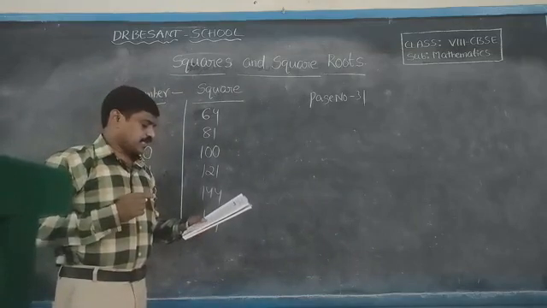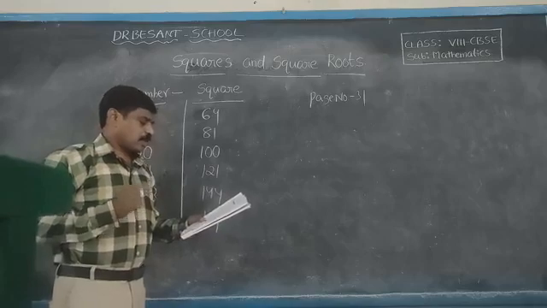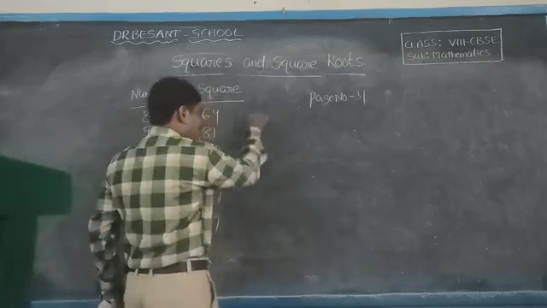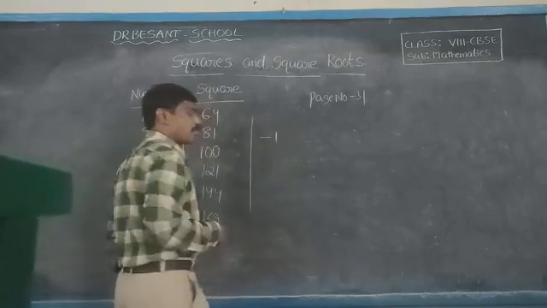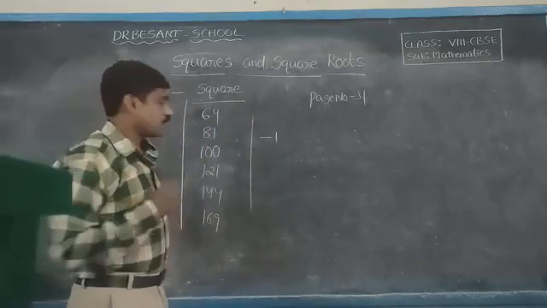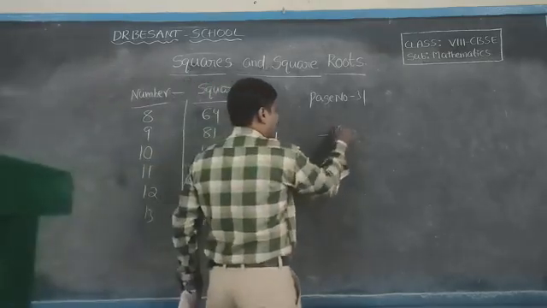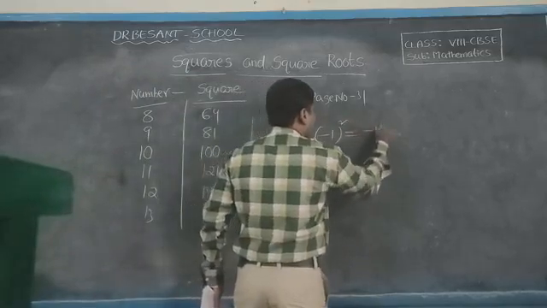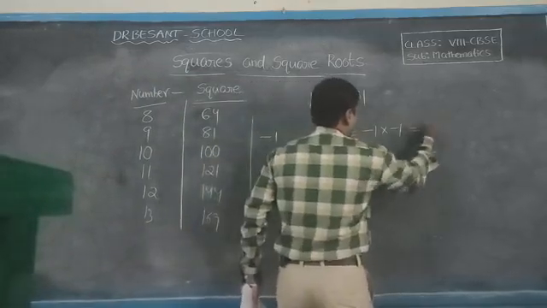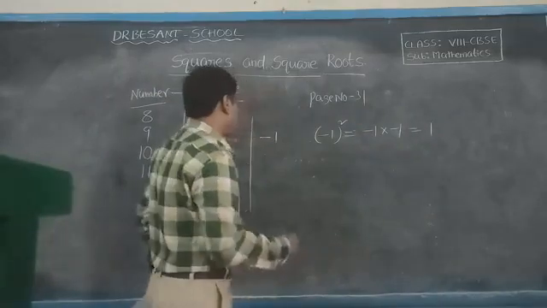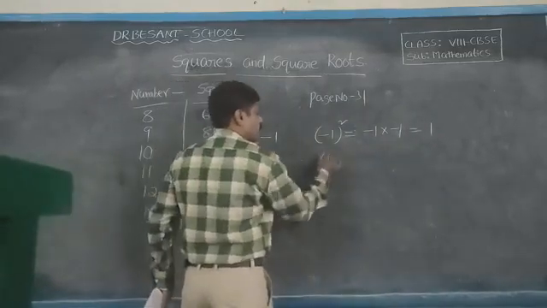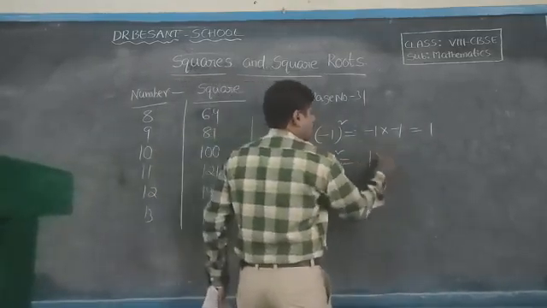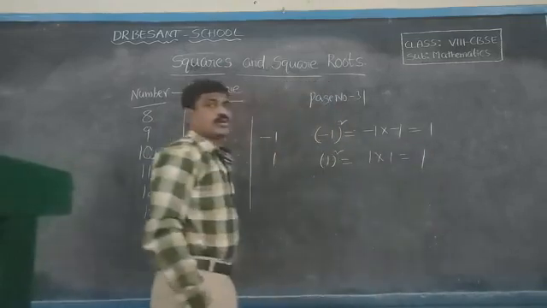Next, on the same page, one observation you do it. Minus 1 is there. Minus 1 is one integer. What is the square of this one? Minus 1 whole square. So minus 1 into minus 1, that is equal to plus 1. Okay. Next plus 1 is there. So 1 whole square, that is equal to 1 into 1, that is equal to 1.